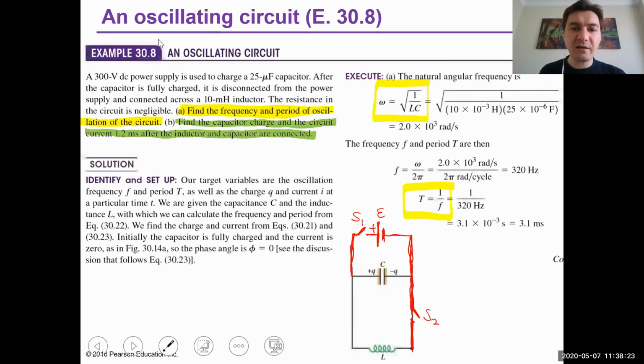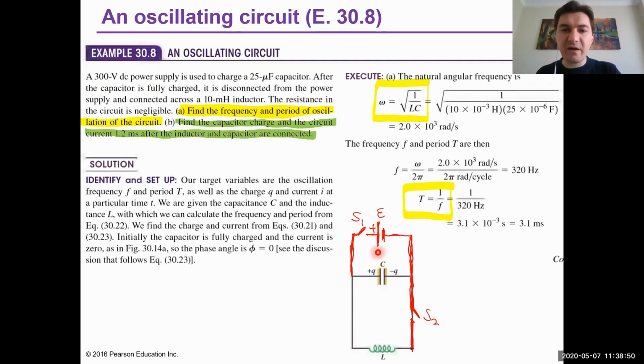So now let's continue with an oscillating circuit. Here we have a power supply, a 300 volt DC power supply is used to charge a 25 microfarad capacitor. Here we have a capacitor, here we have an EMF, and here we have an inductor, and here we have a switch, here we have another switch.